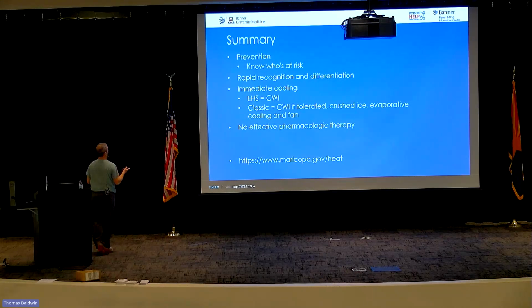So early rapid recognition, differentiation of where they are in the spectrum of that heat-related illness, what risk factors, comorbidities as such are contributing to that, and how quickly we can initiate adequate cooling. Again, cold water immersion is our gold standard, but we have alternatives based on logistical or patient intolerance.